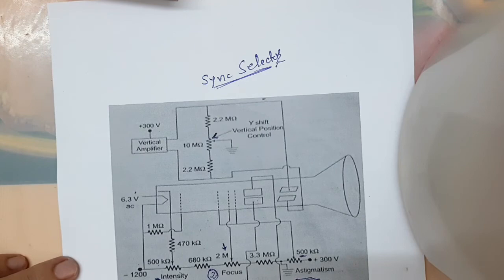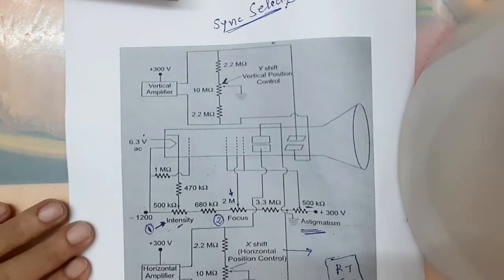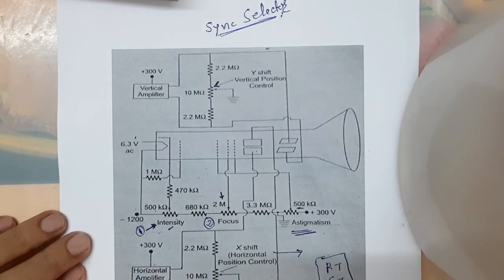It can synchronize the sweep to signals coming internally from the vertical amplifier, or an external signal, or the line supply, internally or externally, line switch.